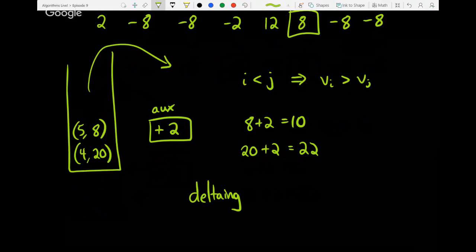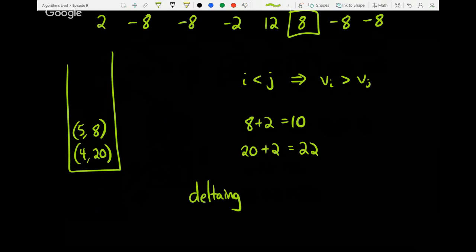And now when you put something in the data structure, you have to subtract out this auxiliary variable before it comes in. So if I put in the value 8, it'll become 6 in the data structure. That way, when I take it back out, it'll be 8 again. But this auxiliary variable might change in the lifetime it's in the data structure, so that value will change too. So it's a very common technique.